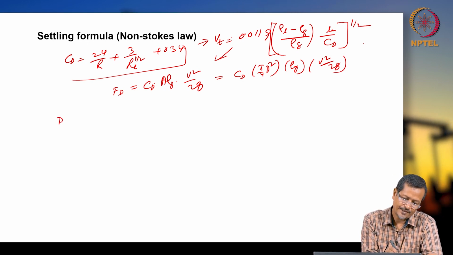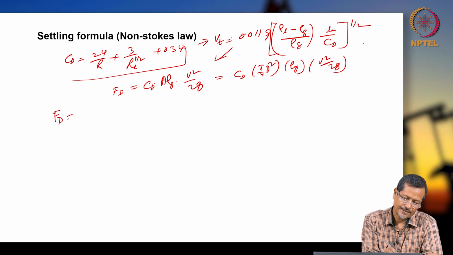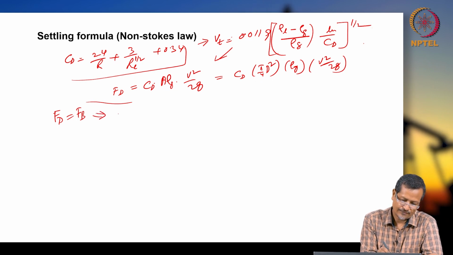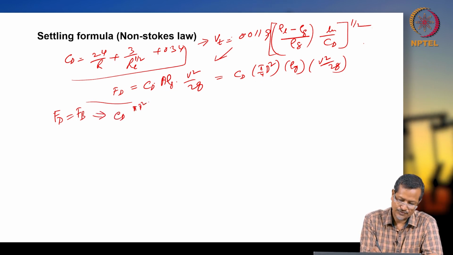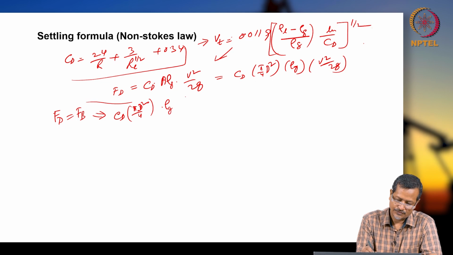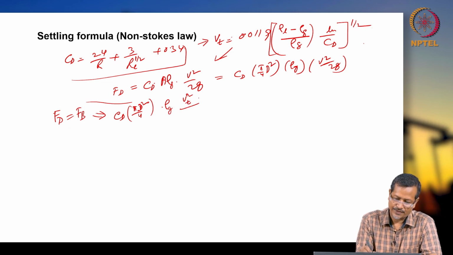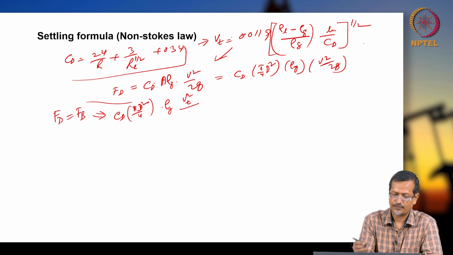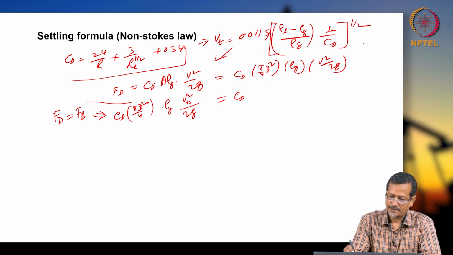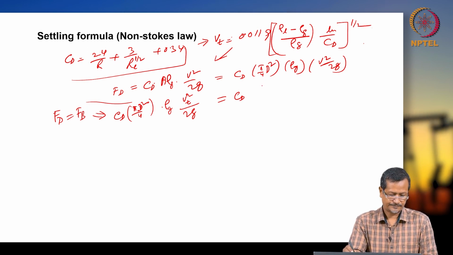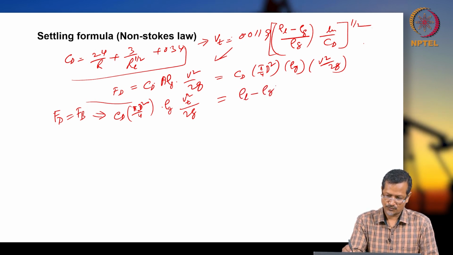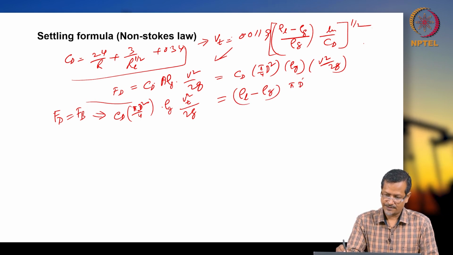Now Fd equals Fb, the buoyant force, so it will give CD pi d square by 4 rho G Vt square by 2G, with terminal velocity because when Fd equals Fb, equals rho L minus rho G pi d cube by 6.